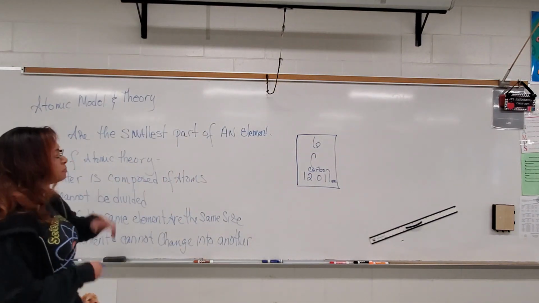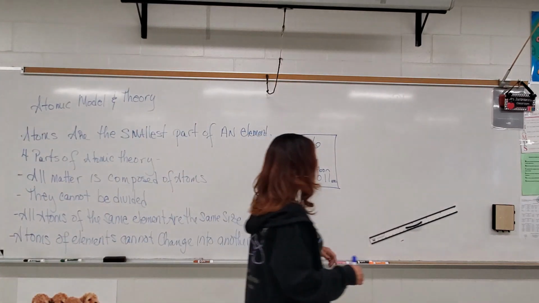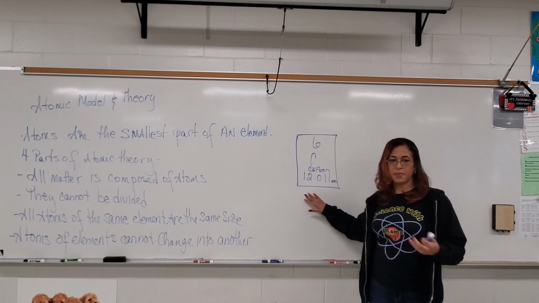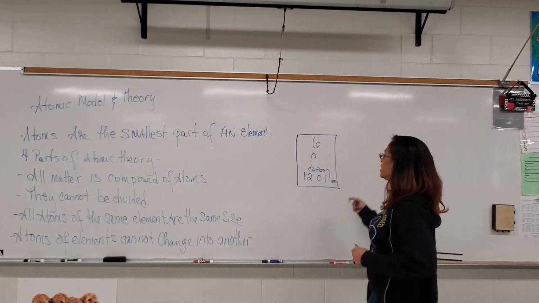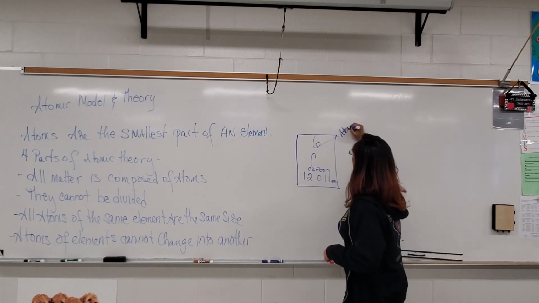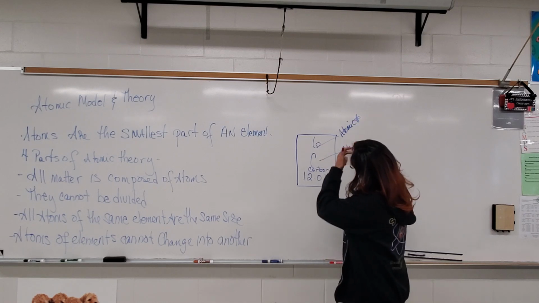We're going to talk a little bit about the structure of an atom. This is basically what one of the boxes on the periodic table looks like. Here you have your atomic number. This is your atomic symbol.